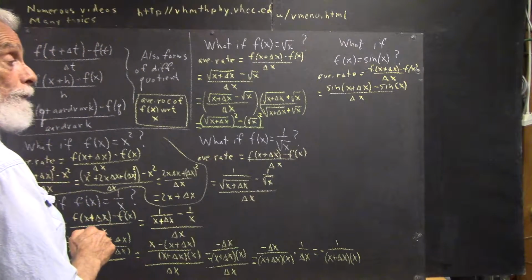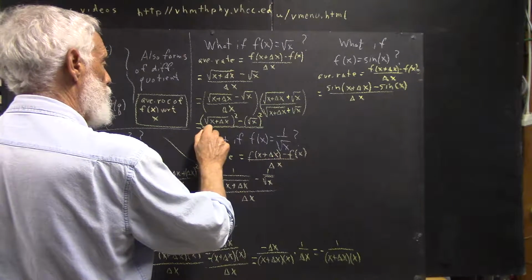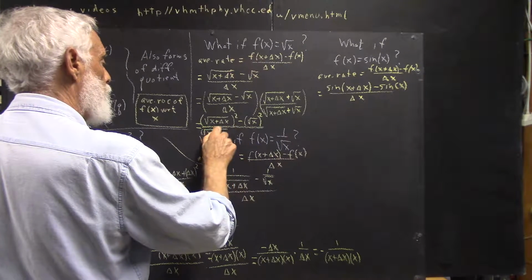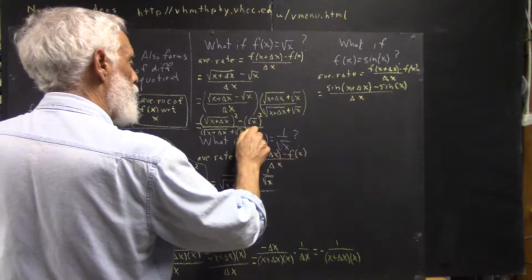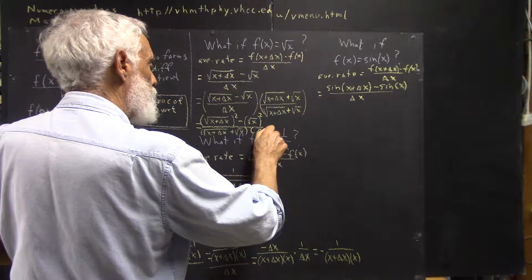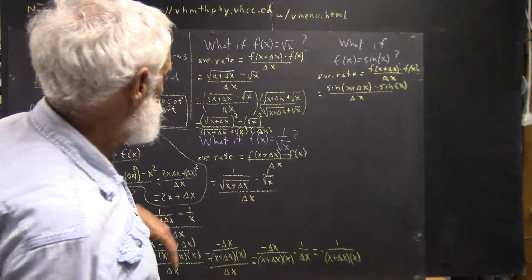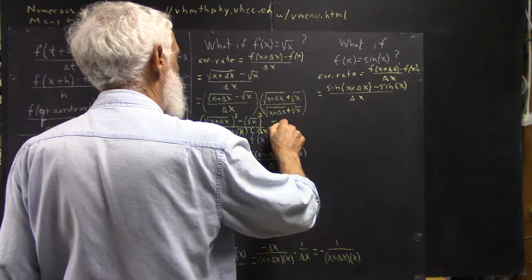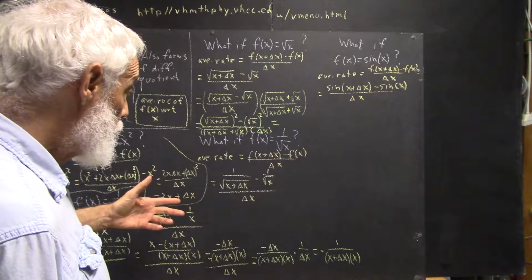Now, the denominator, I'm getting a little crowded here, is going to be square root of x plus delta x plus the square root of x, all multiplied by delta x. Now, what's that equal?